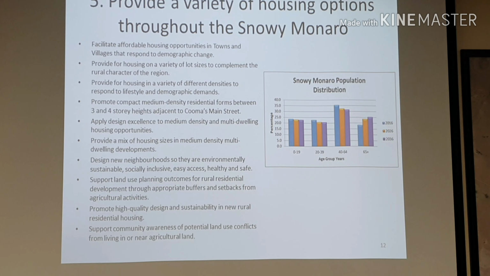Also, the average size of households is likely to change quite dramatically, and an increase in particular of lone person households into the future is likely to require more smaller dwellings. On the flip side of that, a lot of people move to the region for that lifestyle change, and in terms of having more space for a family to grow, and we want to encourage that as well. So having well-planned rural residential communities into the future is very important as well.